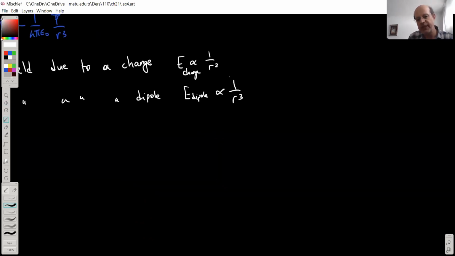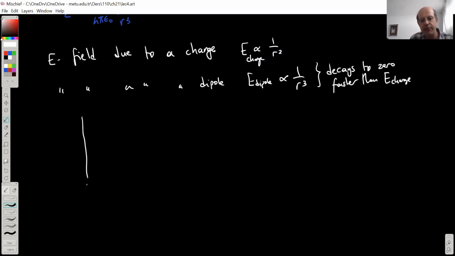The important point here is that when r is large, this actually decays to 0 faster than the electric field due to a charge.